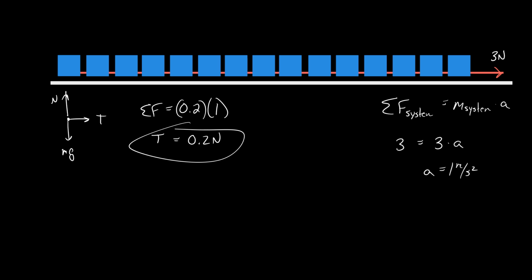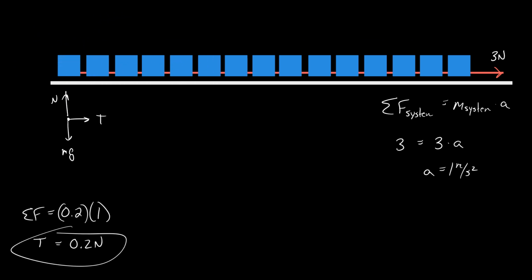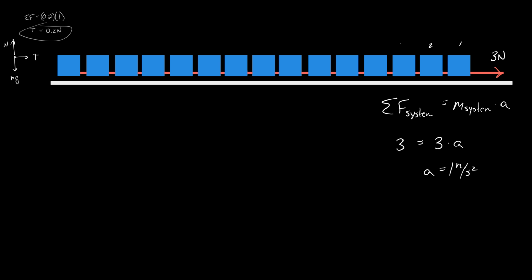All right, so now they're asking about car number 7. They want the tension in car number 7. Let's go put this stuff over there. I don't need it anymore. So car number 7, let's see. Where is that guy? 1, 2, 3, 4, 5, 6, 7. Seems to me that there's 2 tensions acting on car number 7, right?